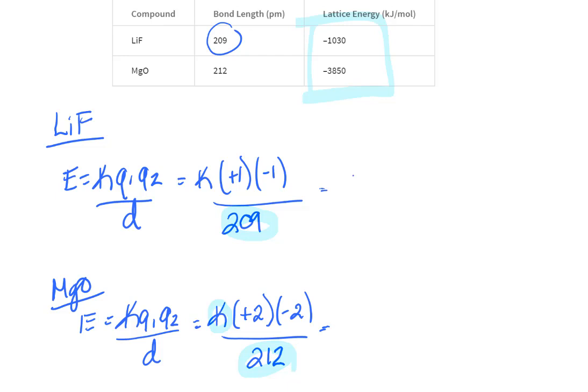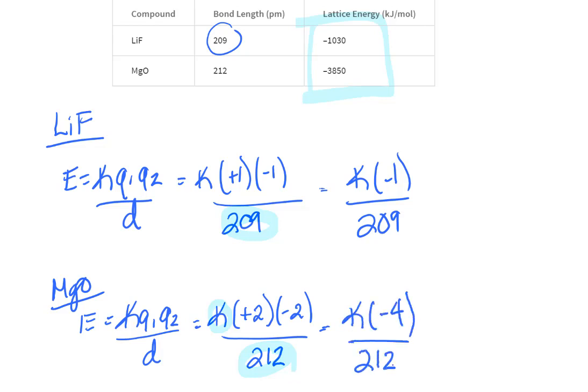If we look at K here, you're doing K times -1 divided by 209. Here, you're getting K times -4 divided by 212. So essentially what you're seeing is a fourfold difference between lithium fluoride and magnesium oxide's lattice energy due to the charges.